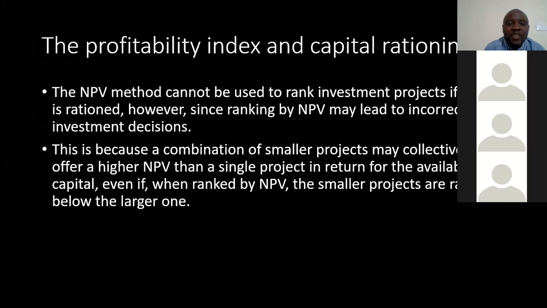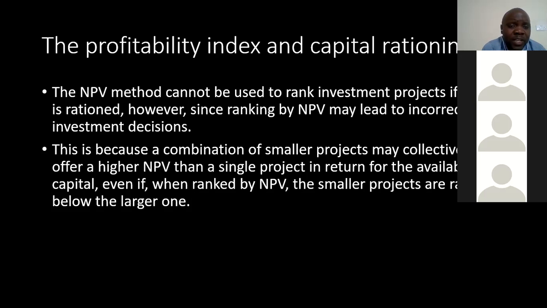The NPV method cannot be used to rank investment projects if capital is rationed. Since ranking by NPV may lead to incorrect investment decisions, we use the profitability index so that we rank the projects according to their importance.